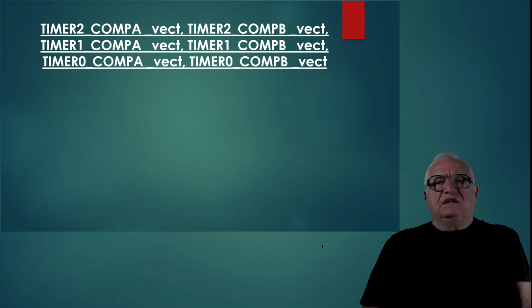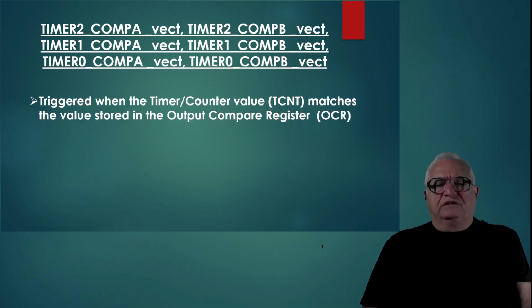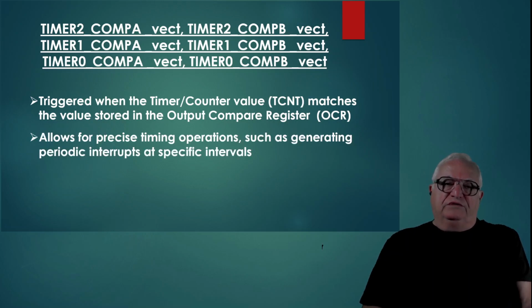Now let's look at the timers. Timer compares trigger when the timer counter value matches the stored value in the output compare register. So you have a register where you put a value, and when the timer reaches that value, then the interrupt gets triggered.